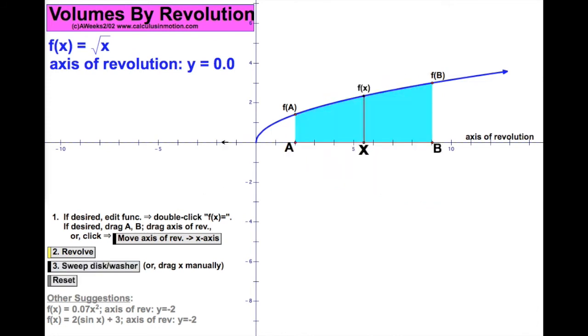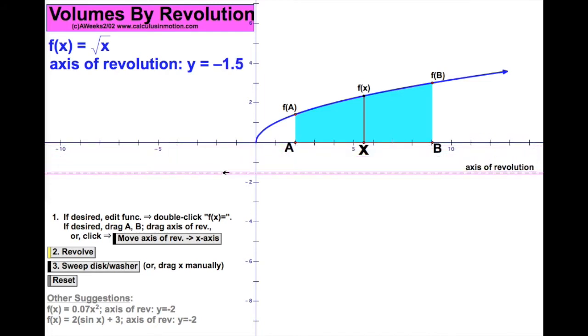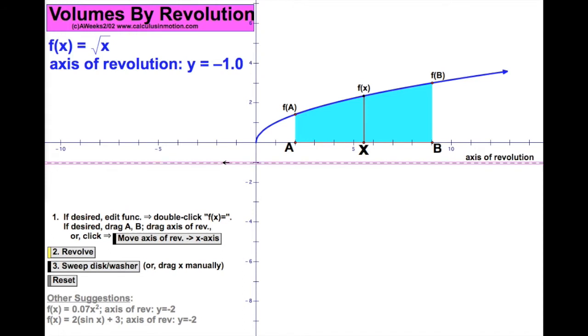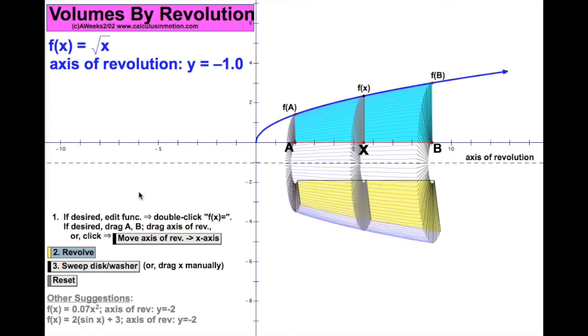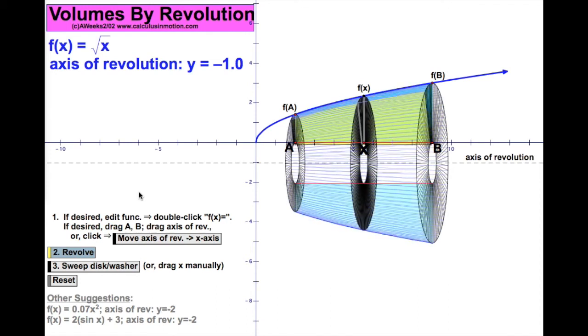Now notice how I've rotated about the x-axis. In some exercises it's not going to be rotated about the x-axis but about another line, for example y equals -1. If we revolve this blue area about the new axis of revolution, it also creates a volume which has a hole in the middle. Just for a little moment, let's ignore the hole in the middle. How are we going to find the radius of that disk?